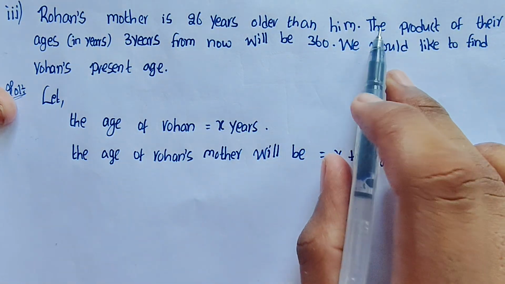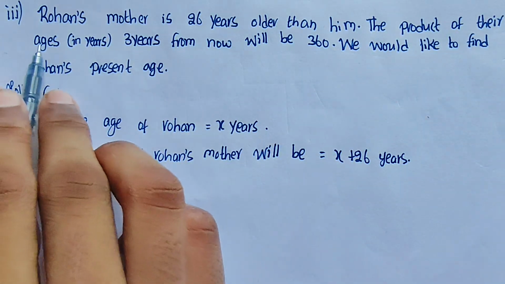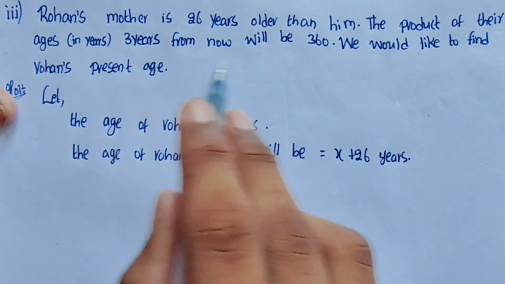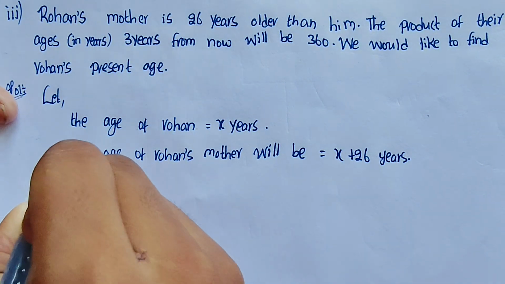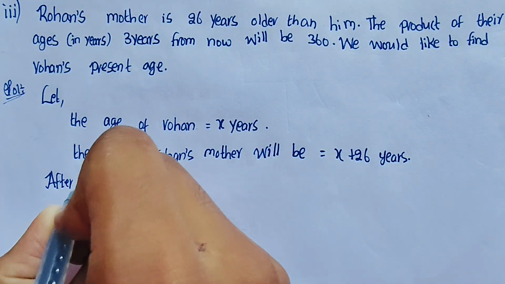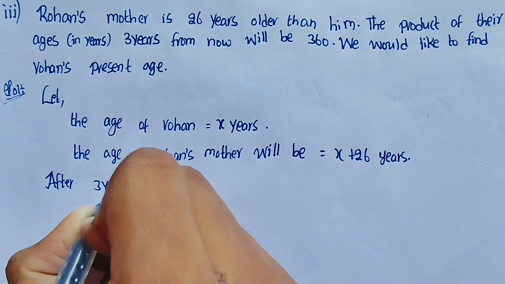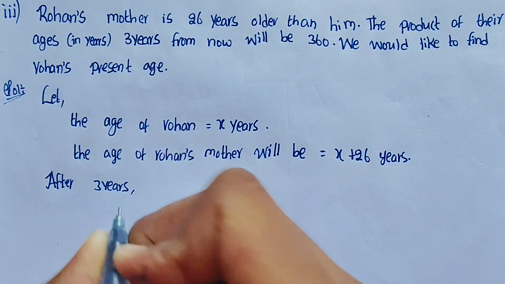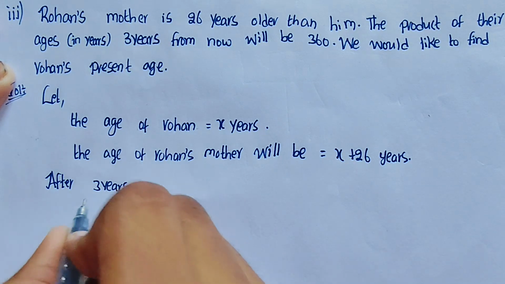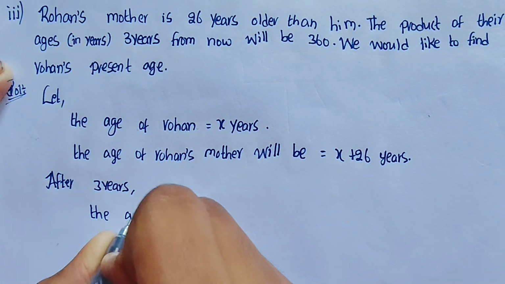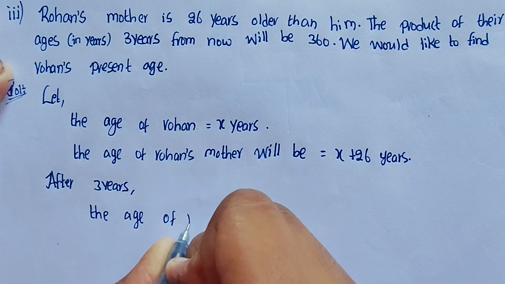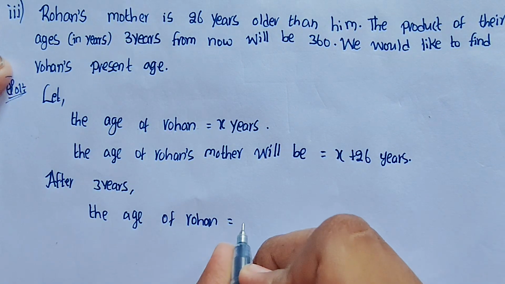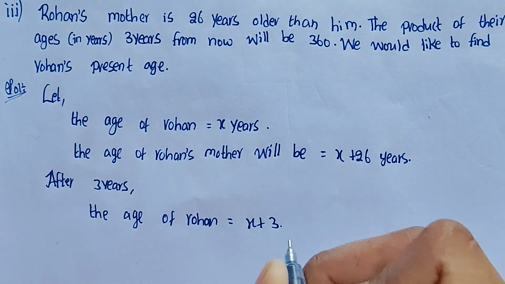So he gave that the product of their ages 3 years from now, means after 3 years, will be 360. So I am writing here, after 3 years, the age of Rohan, he said after 3 years, becomes x plus 3.